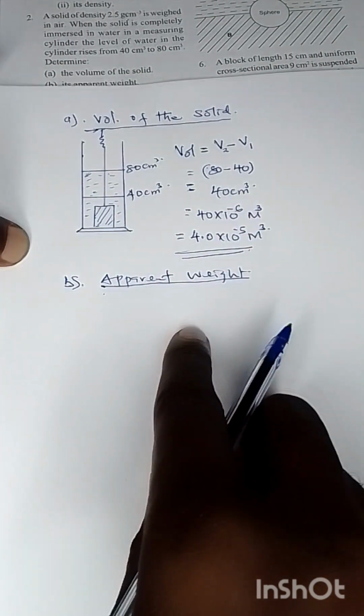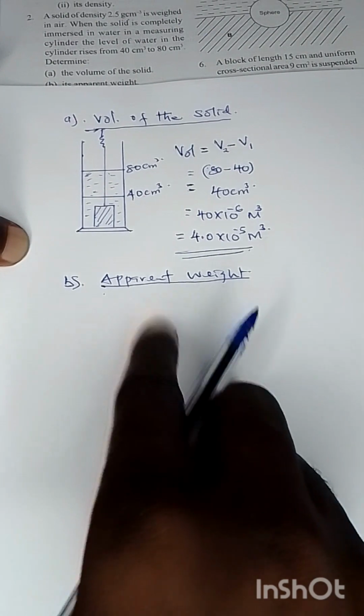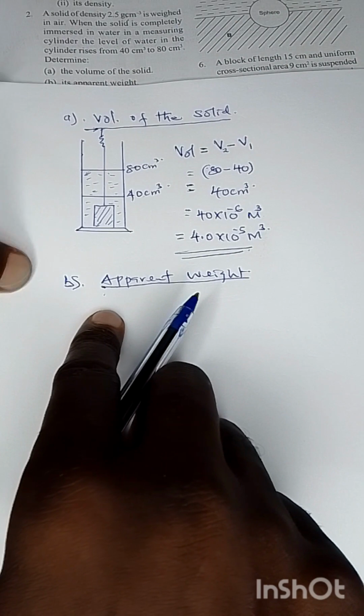This upward force is what we call the upthrust. So there is a relationship between upthrust, the weight, and the apparent weight. These are related by the following formula.